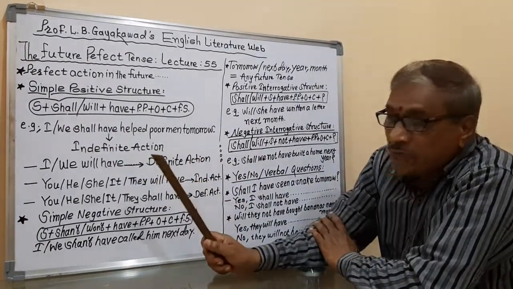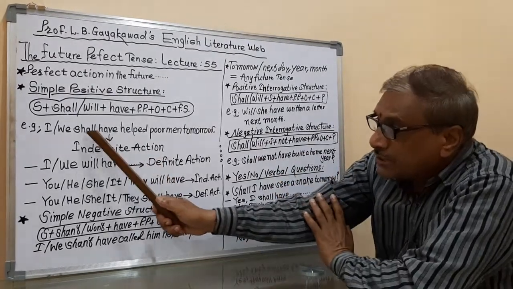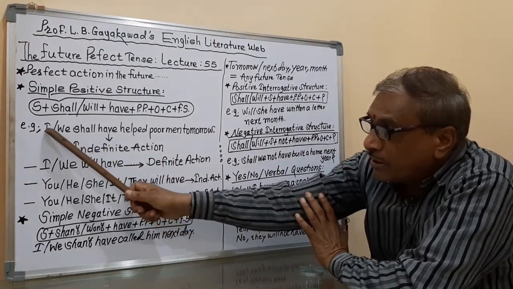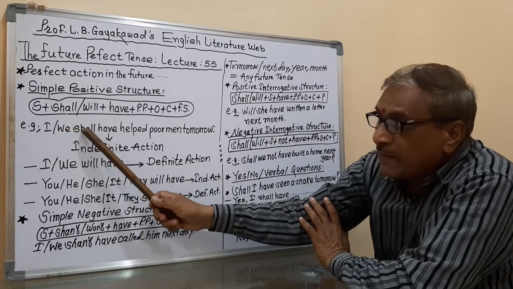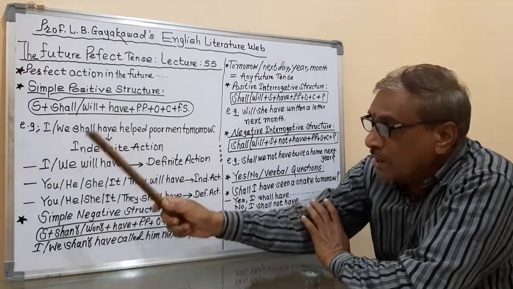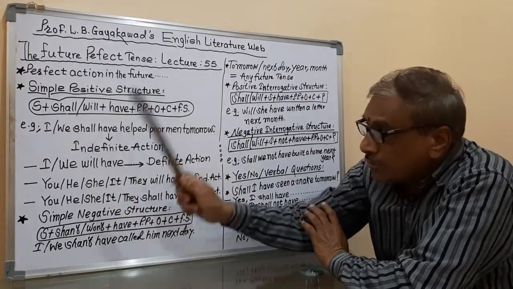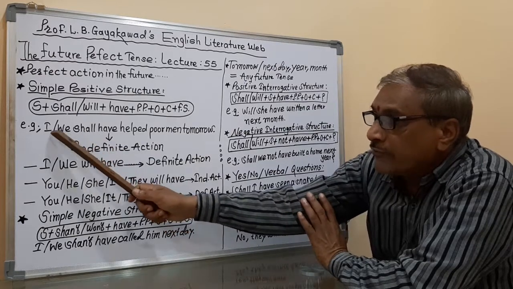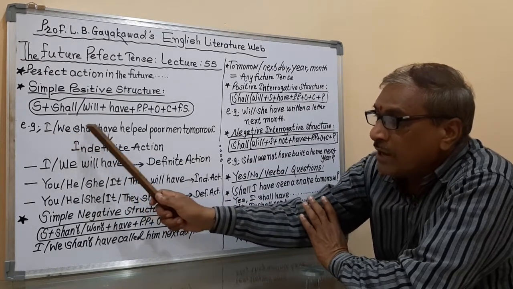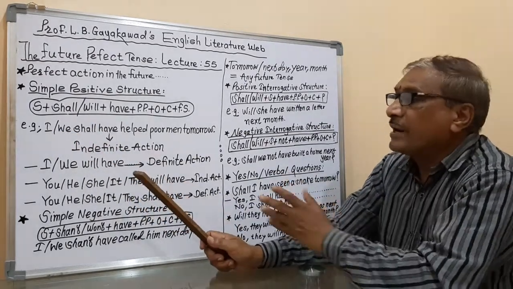It means that when we use shall before I and we, that is the indefinite action, and when we use will before I and we, then it becomes the definite action.